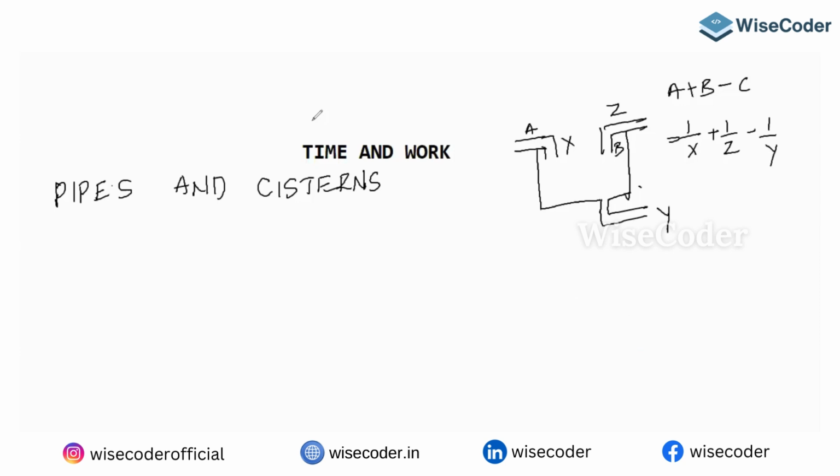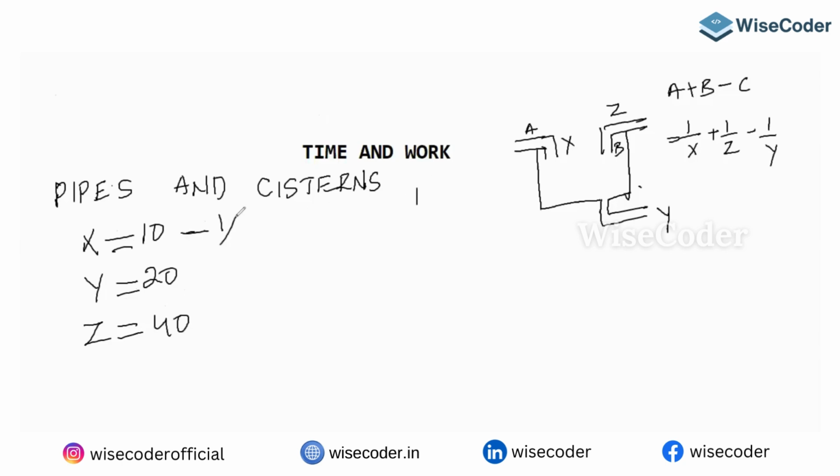Okay, so first we'll do it in a general way, then we'll try to solve it with the LCM method. X is taking 10 minutes, Y is taking 20, and Z is taking 40.